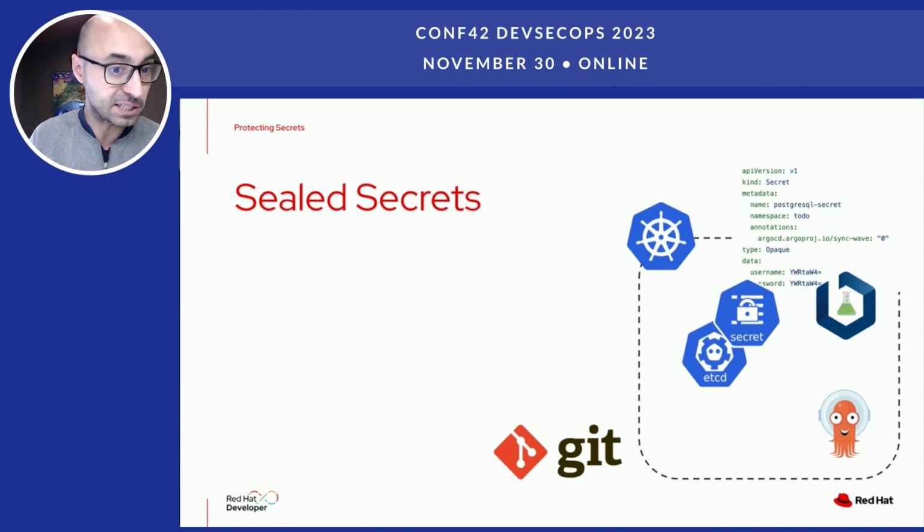So sealed secrets is used for storing secrets in Git in a convenient and secured way. But when you apply these sealed secrets into the cluster, we're going to decrypt it and create a native secret again.